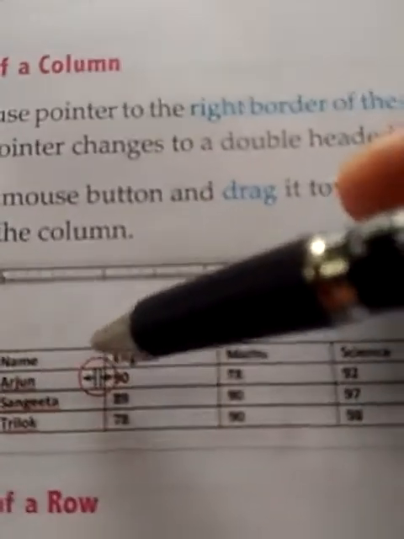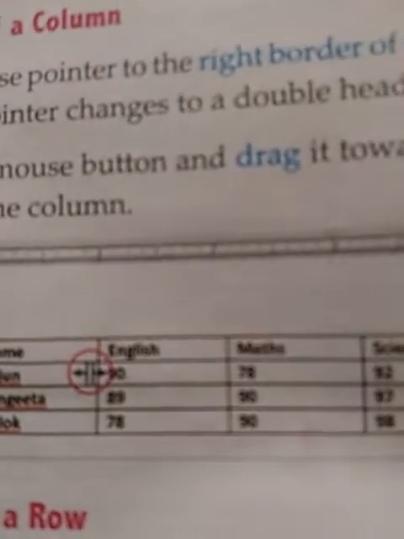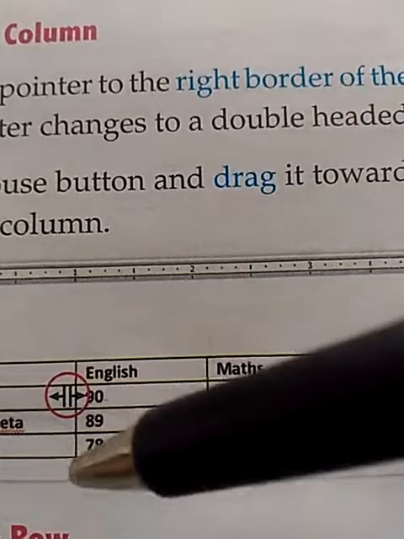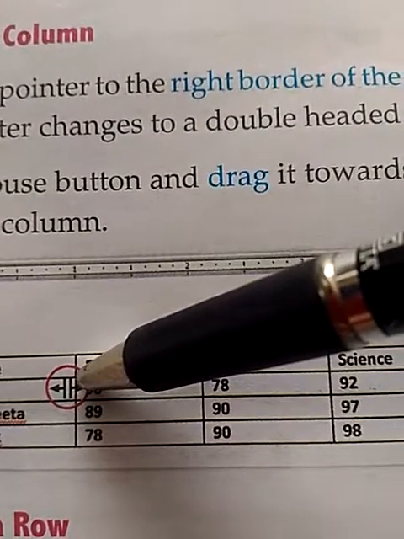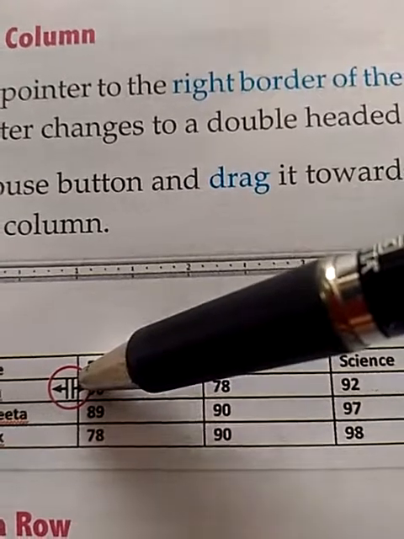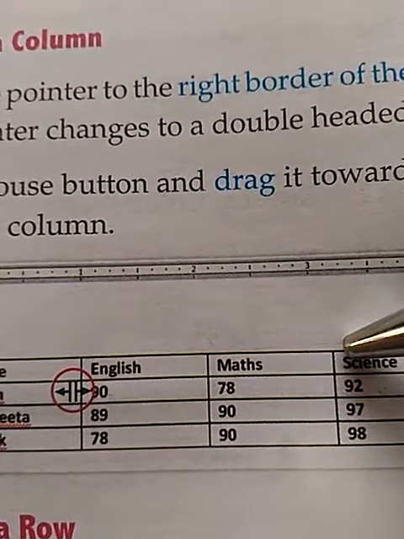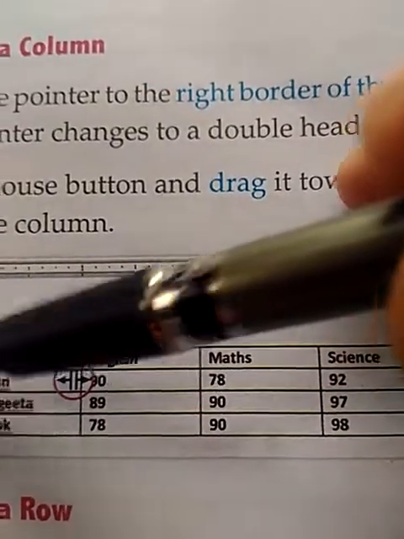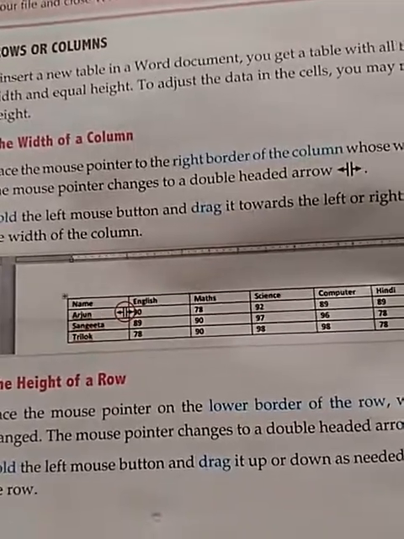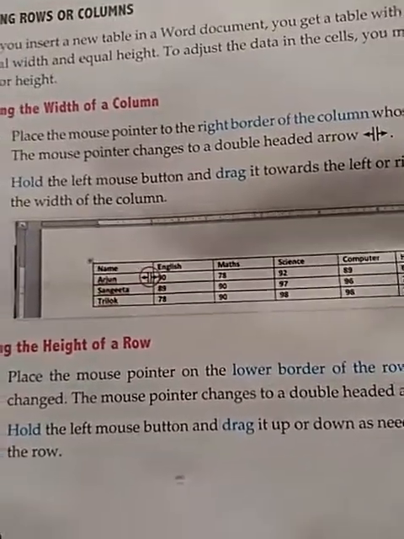Your mouse pointer will become this double arrow shape. After that, if you want to increase the width of the column, then drag it to the right side. If you want to decrease the width of the column, then drag it to the left side. So simply by dragging the mouse, you can resize the column.